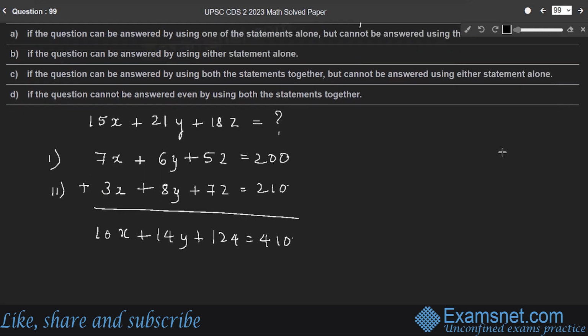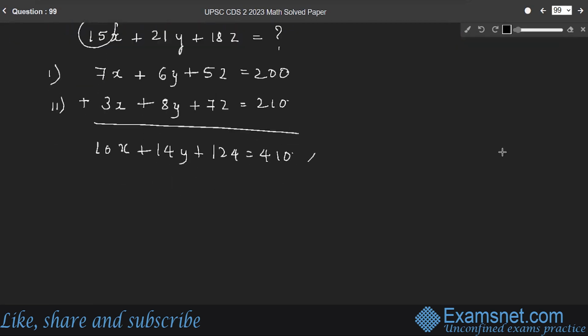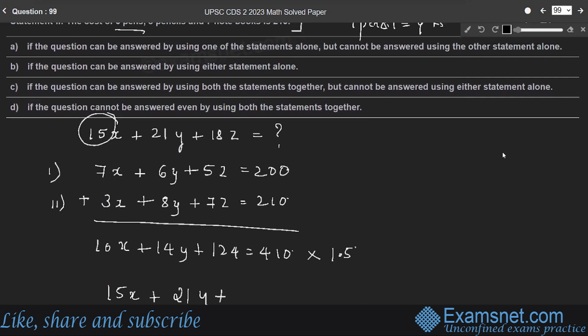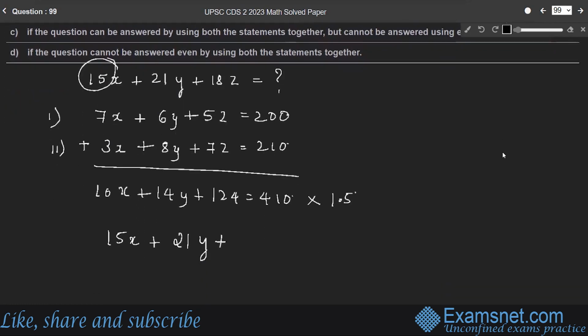Here we need the cost of 15 pens, so multiply this equation by 1.5. 1.5 into 10 is 15x plus 1.5 into 14, you will get 21y, plus 12z into 1.5.